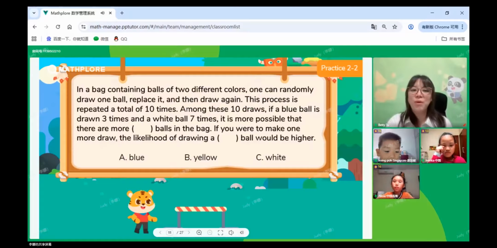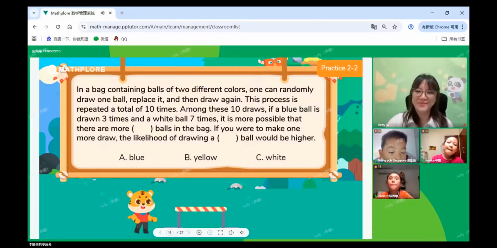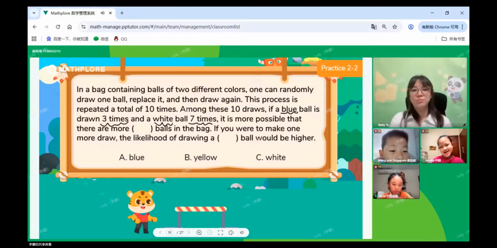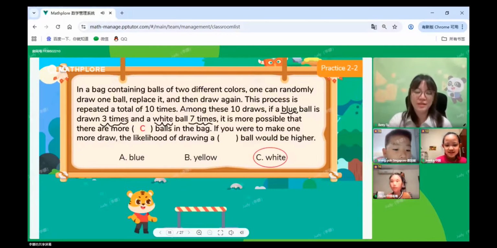Which color ball is more likely to be more in the bag? White, because white has been drawn 7 times.